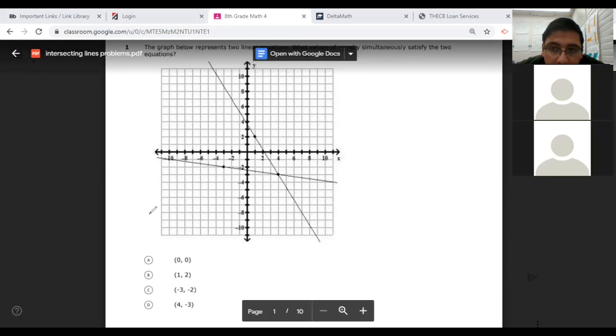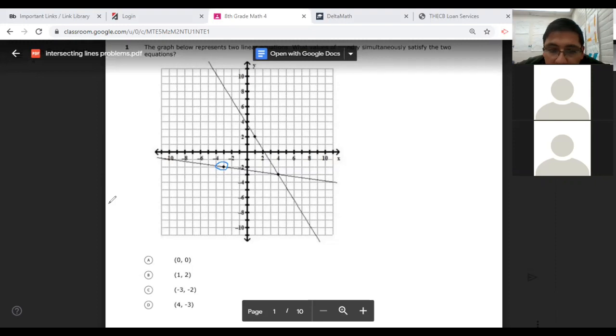I think it's C. Why do we say that? Because it shows both points on where they intersect. So you're saying C is -3 and -2, which would be right here.